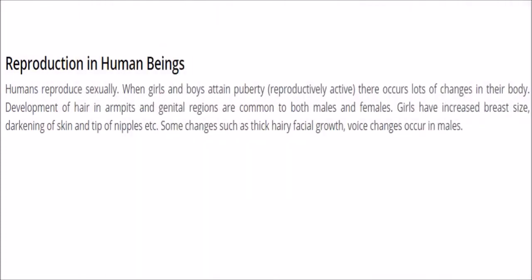Reproduction in human beings. Human beings are male or female, and they reproduce sexually. When girls and boys attain puberty, they become reproductively active, which means there is a lot of change in their body.